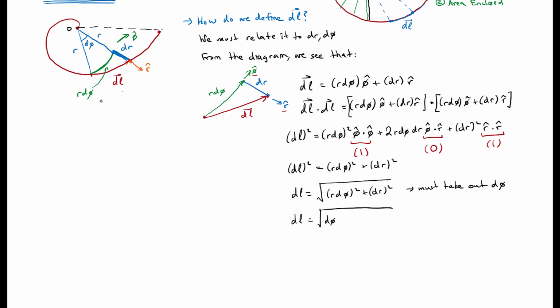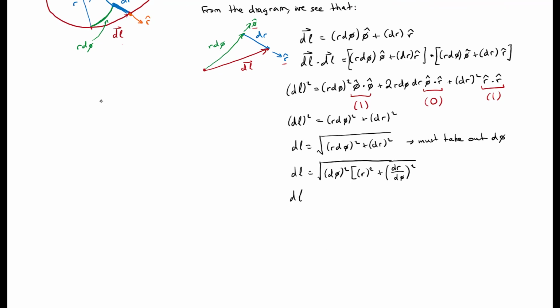If we take out a d phi, we are left with r squared plus dr over d phi squared. Now we can take it out. We have dl is equal to d phi times the square root of r squared plus dr over d phi squared.